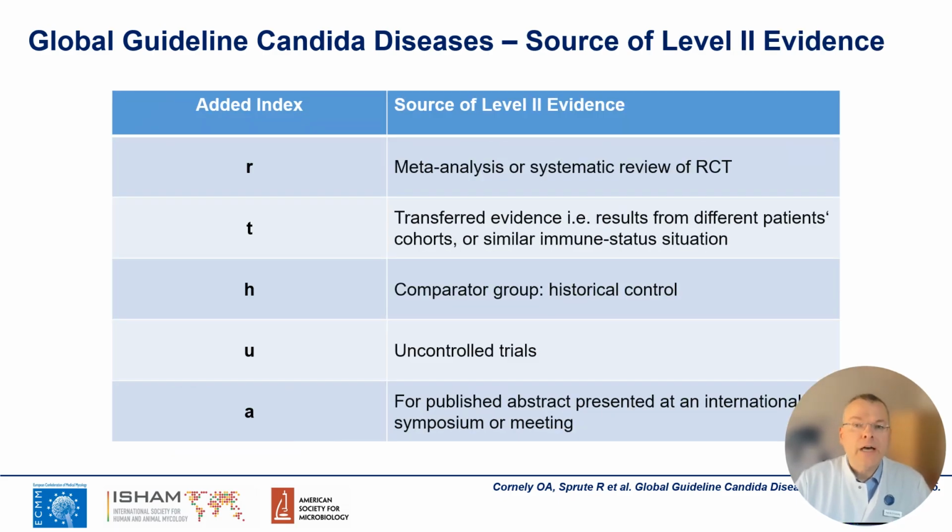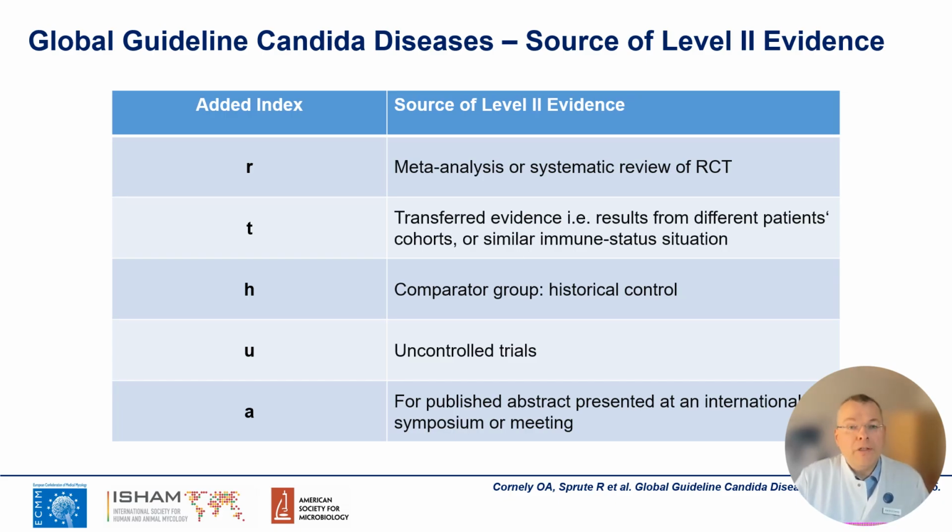And that we have as the source of level 2 evidence. There are 5 different letters. R stands for a review. That could be a systematic review, or ideally a systematic review or even a meta-analysis of randomized controlled trials. So that is R.